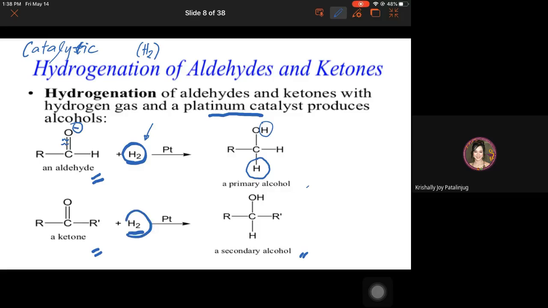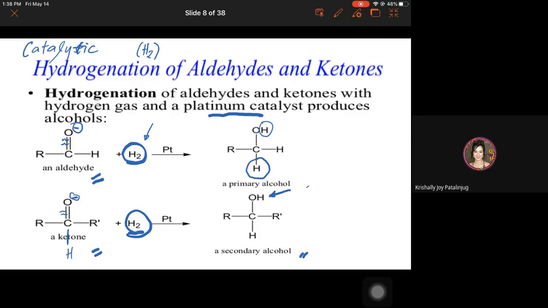For a nucleophile to be added, break the pi bond, and the nucleophile is added right away. In this case, hydrogenation, the nucleophile is the H. Then the oxygen will be unstable, so it will pick up, accept a proton, accept hydrogen, so it becomes OH. So, secondary alcohol for ketone.